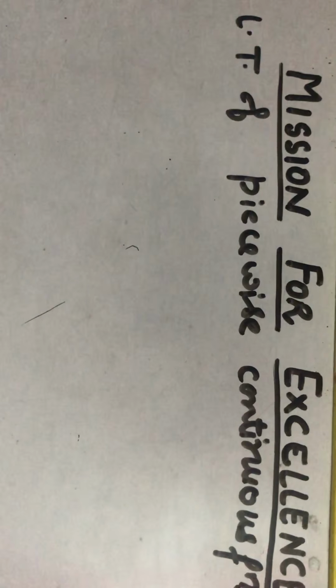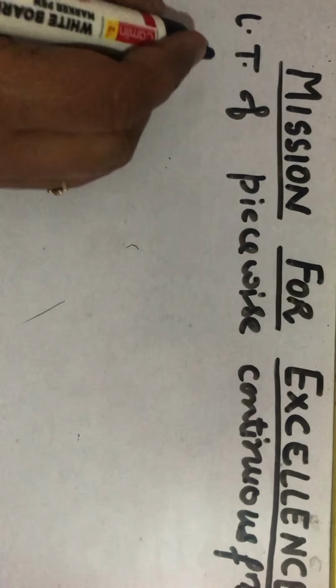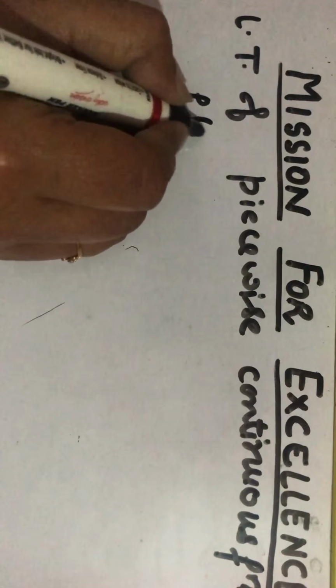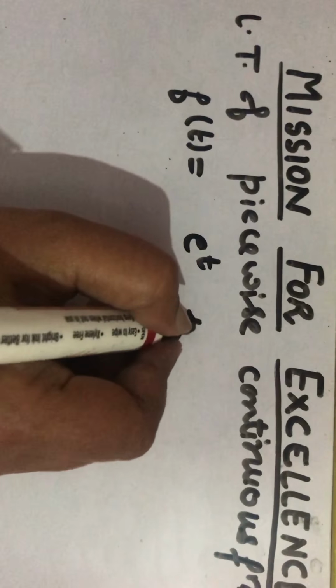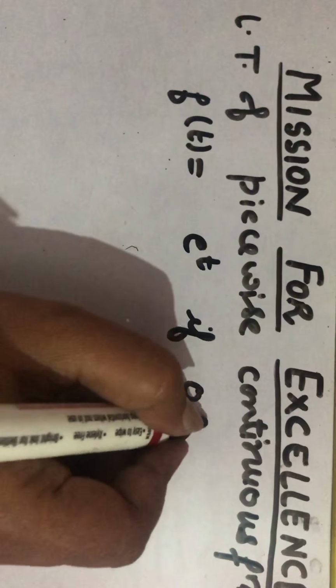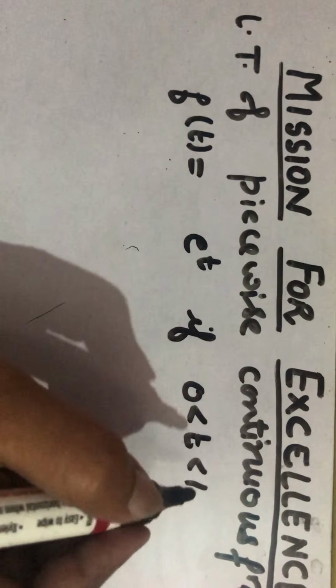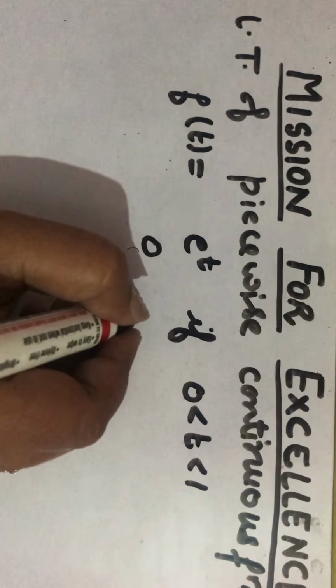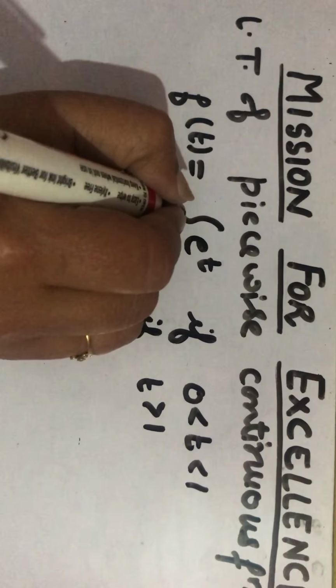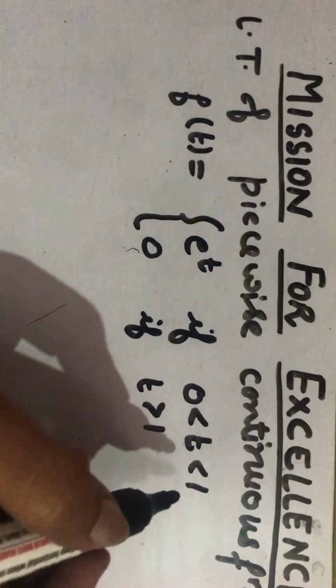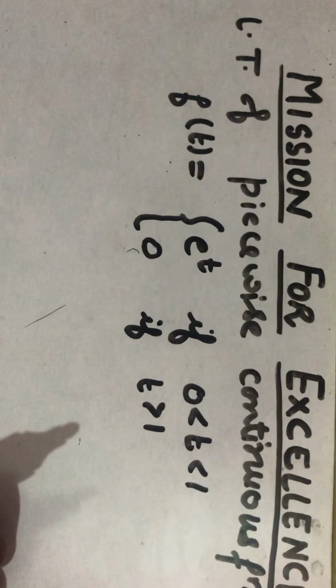So first let us define this. Let us take one example. Let f(t) equal to e raised to power t if t lies between 0 and 1, and 0 if t is greater than 1. So this is piecewise continuous. It has discontinuity at t equal to 1.